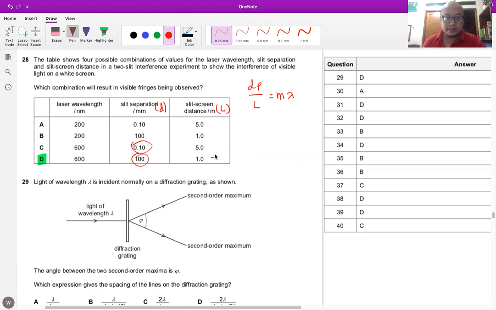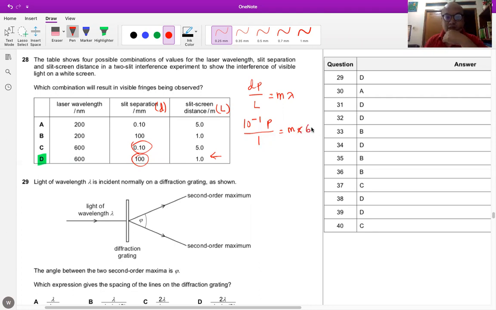Let's say in this row, D is 100 millimeter, something with 10 power minus 1, and P divided by L is 1 meter, although we don't know.